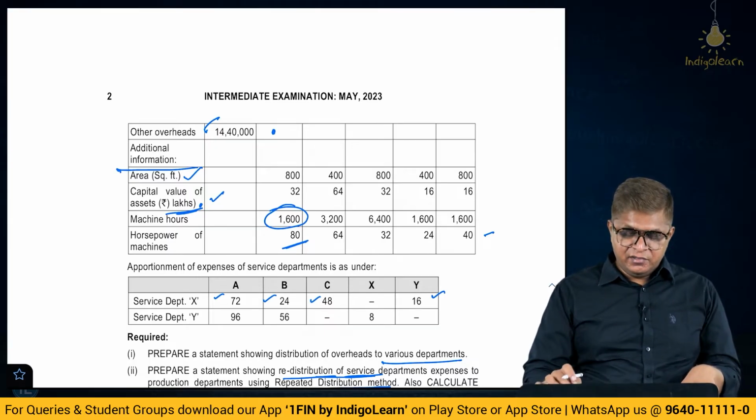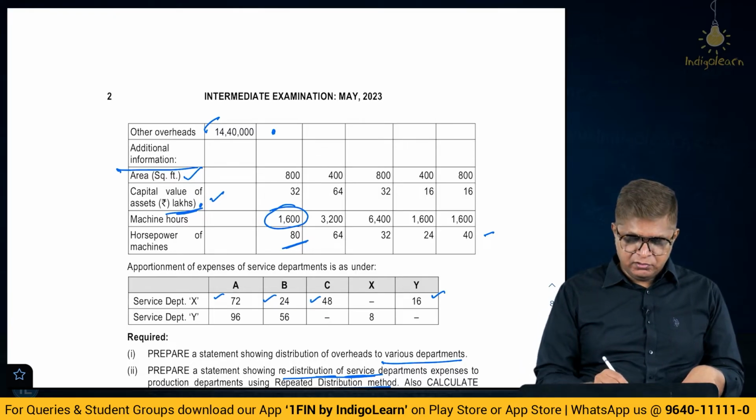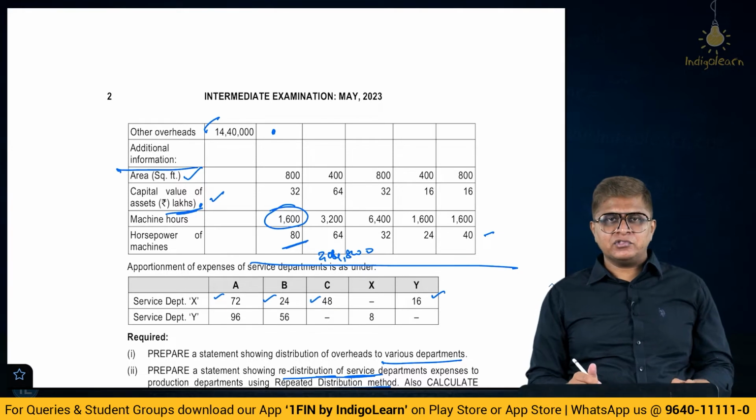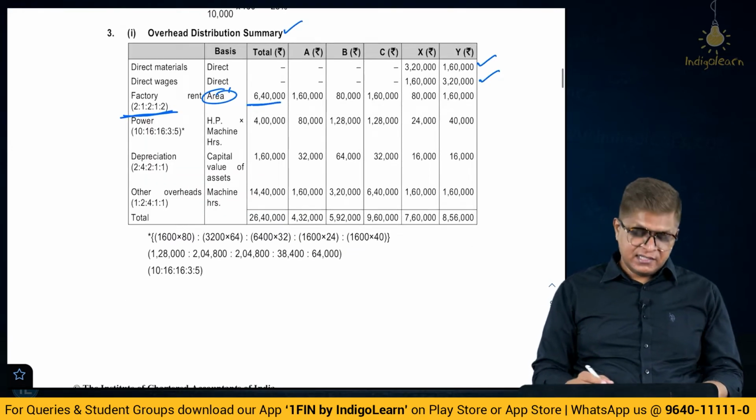For department B, it will be 3200 into 64. Like that, we have to calculate for all the departments and then take the proportion for distribution. So here they have also done the same thing.